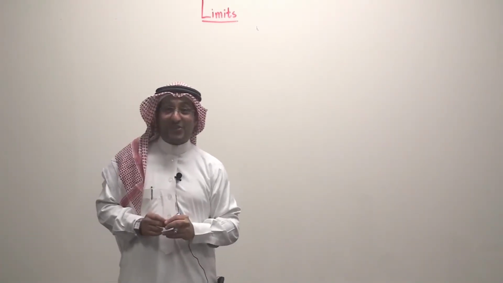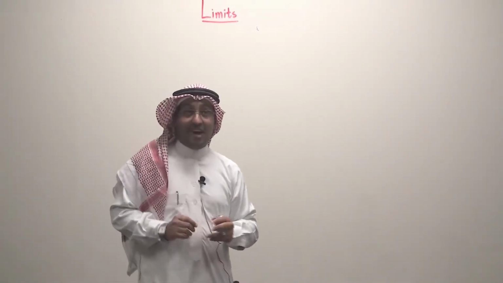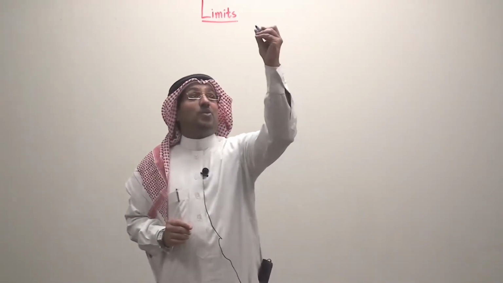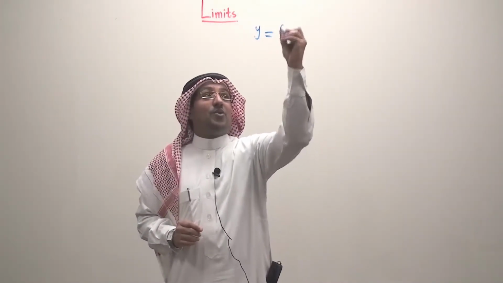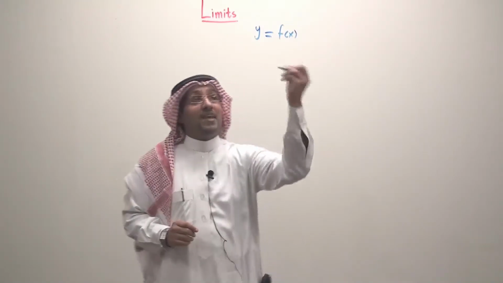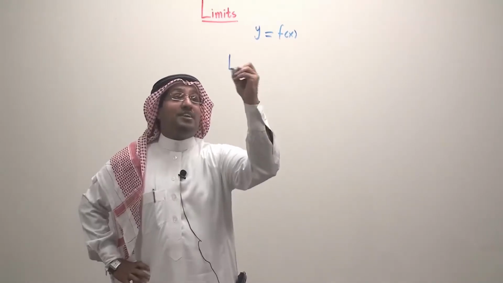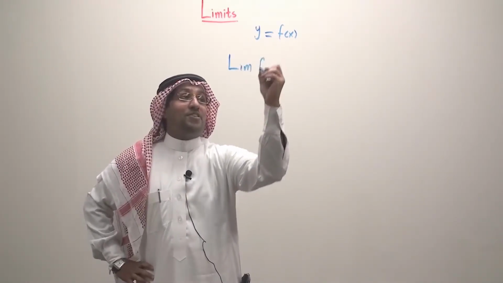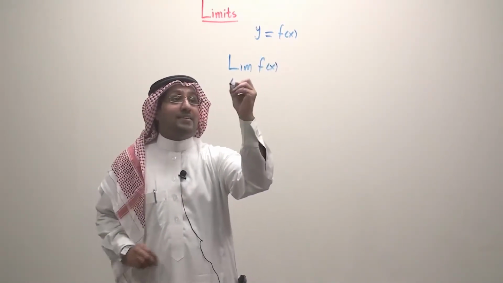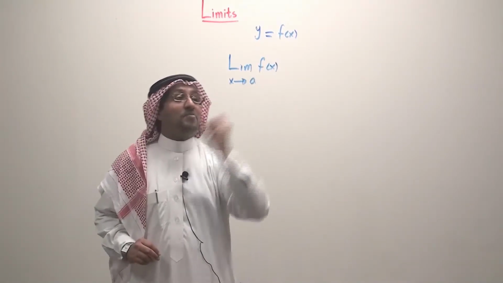Today we are going to talk about limits of a function. Say, for example, we are given a function y equals f of x that is defined somewhere. And we ask, what does the limit of this function as x goes to a mean?